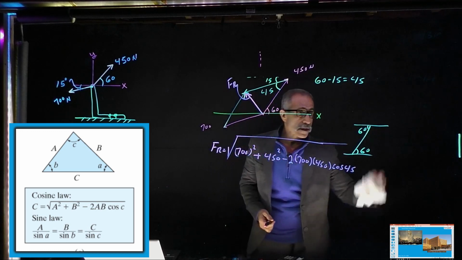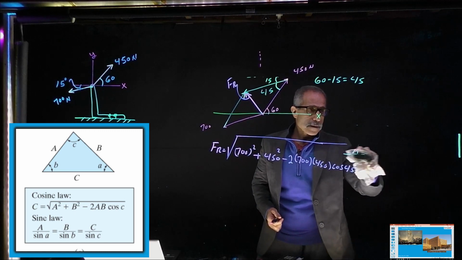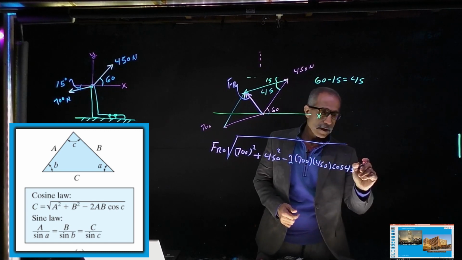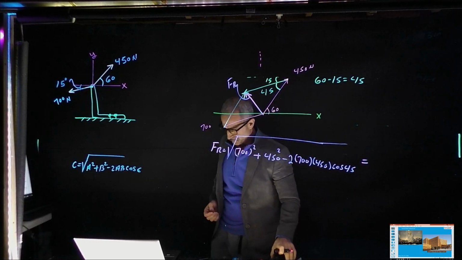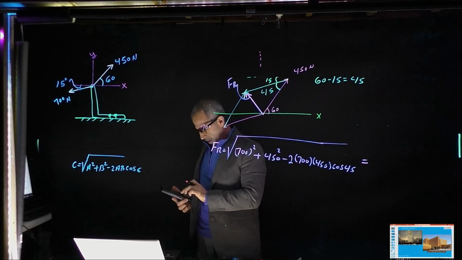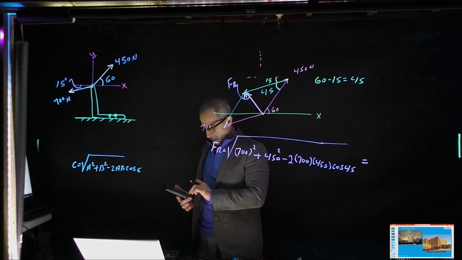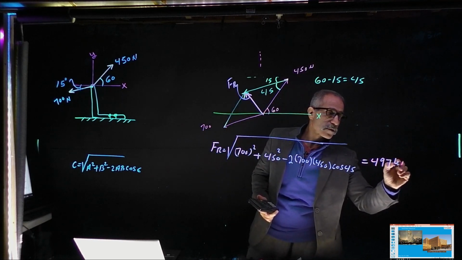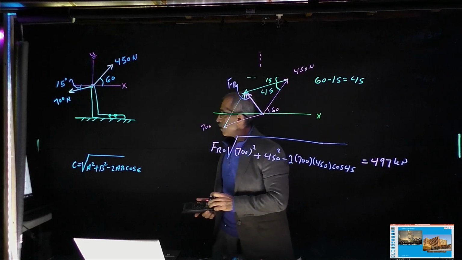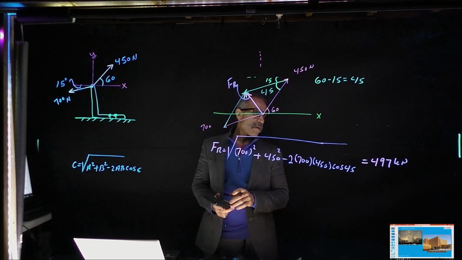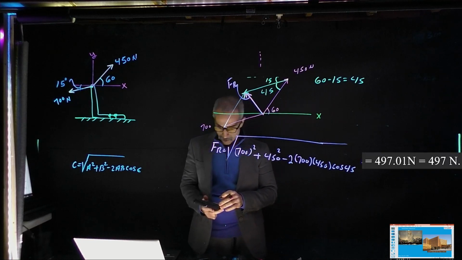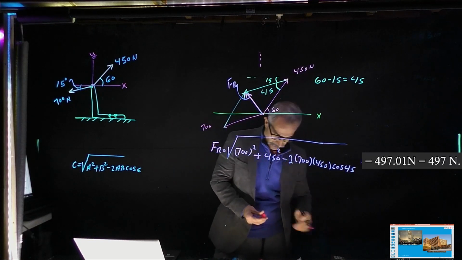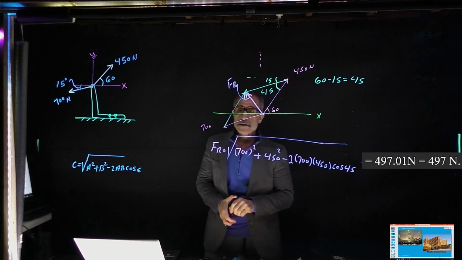Let me get rid of this right here. And that comes out to 497 kilonewton. Did I do that right? Yeah. So that's equal 497 kilonewton. And now that's our resultant force.